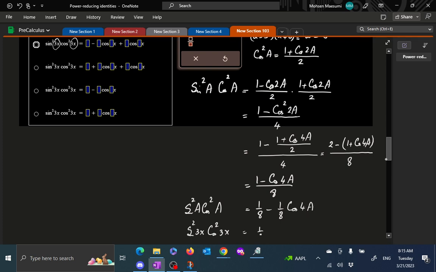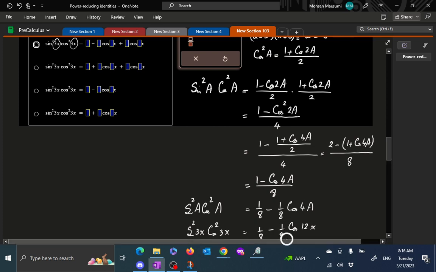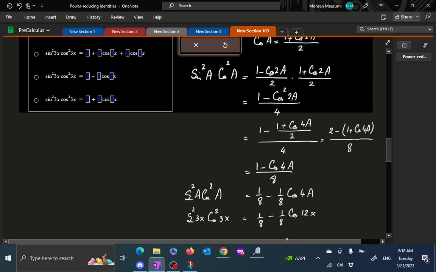So it becomes 1/8 minus 1/8. Instead of a, I write 3x. It becomes 12x. So 1/8 minus 1/8 of 12x, it matches this one. The others won't care.